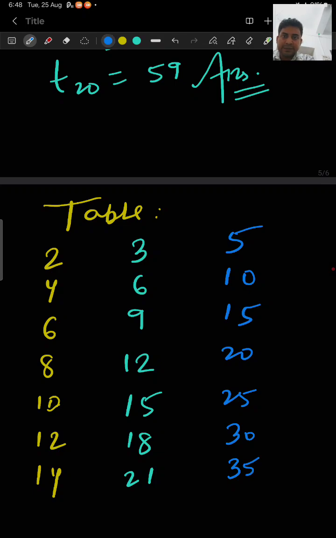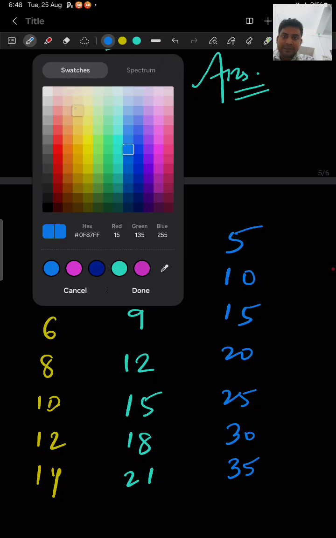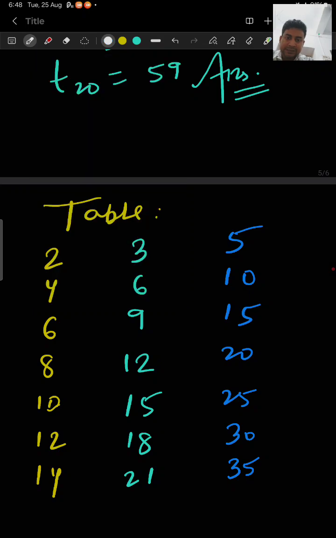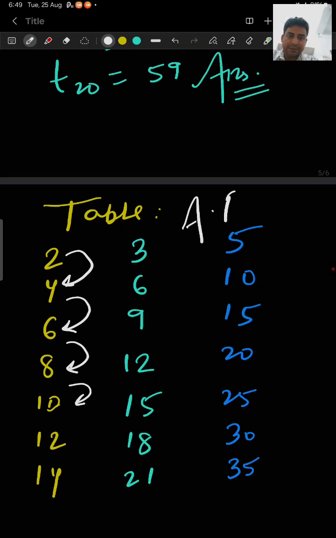These are tables. Here we can easily see that each number is obtained by adding a certain number, which is their multiple. Plus 2, plus 2, plus 2, these tables are all in AP. Very good.